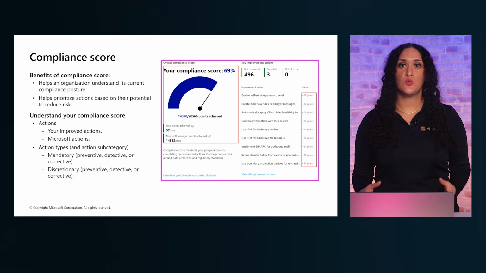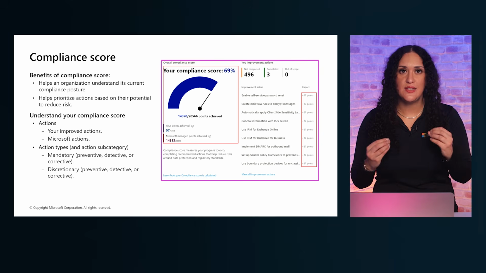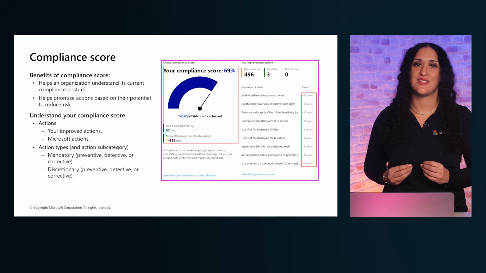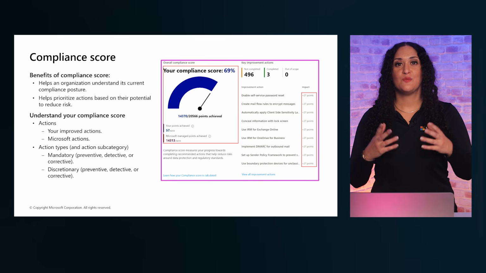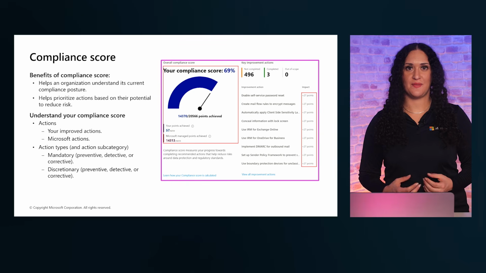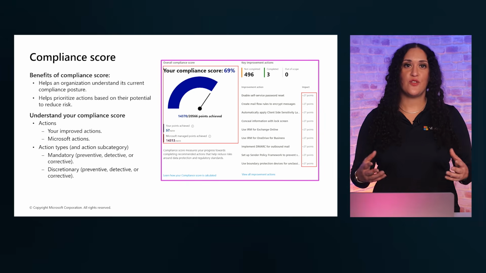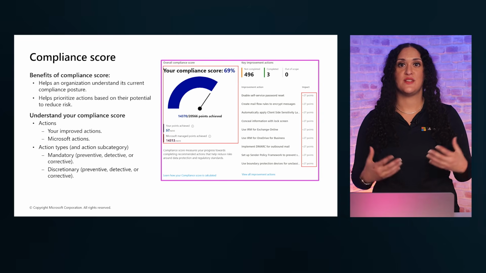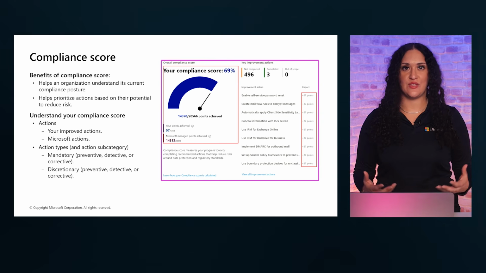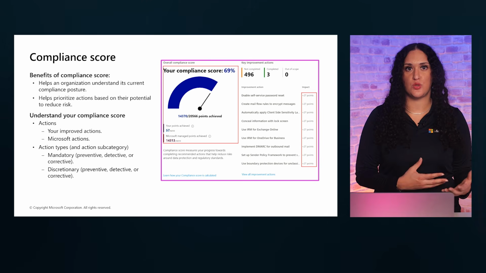Each action contributes points based on its impact and type, helping us clearly see what has been completed and what still needs attention. The compliance score is especially useful for prioritization and decision-making. Actions are categorized as mandatory or discretionary and further classified as preventative, detective, or corrective, making it easier to focus on work that reduces risk the most.